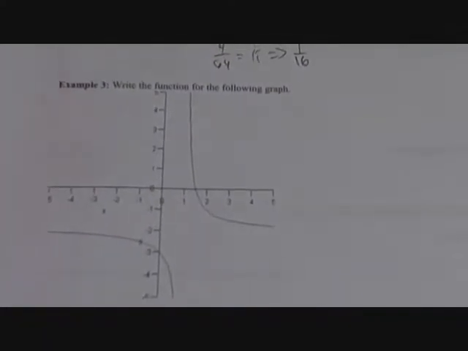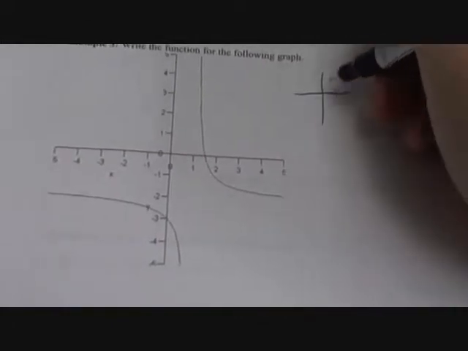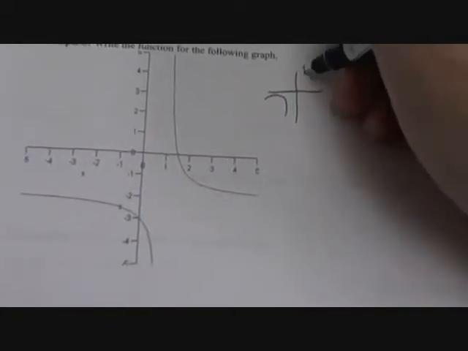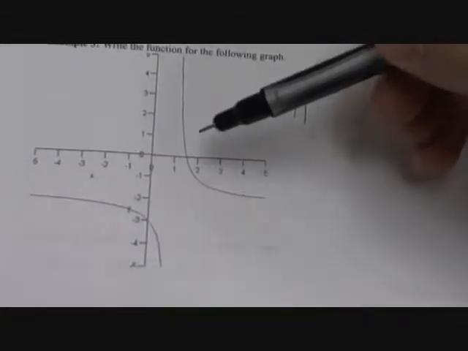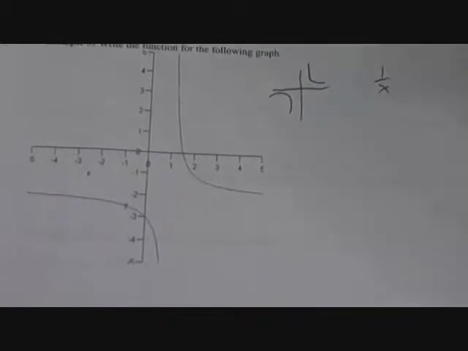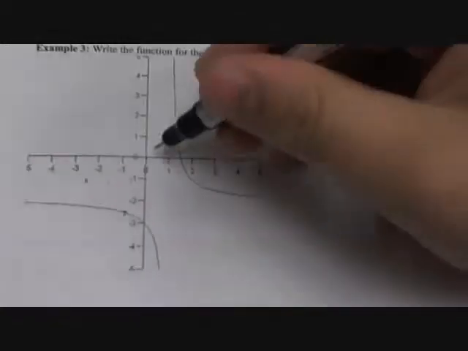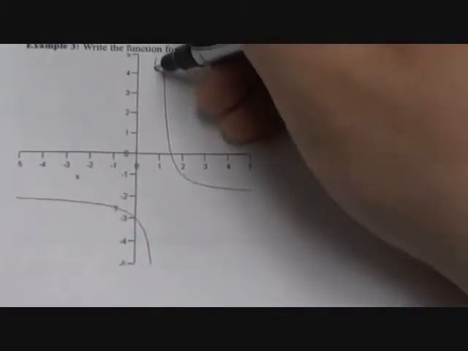Write the graph of the function. This one's a little bit tricky, kind of. So we know this is 1 over x, that's a graph of 1 over x. Now it's shifted down and to the right. 1 over x starts at 0, so the vertical asymptote is at 1.